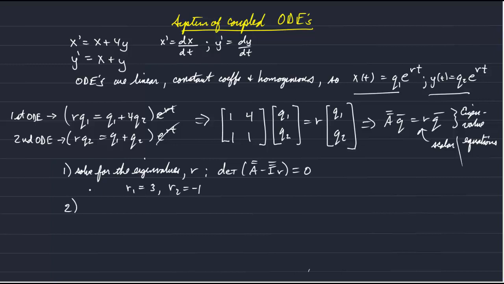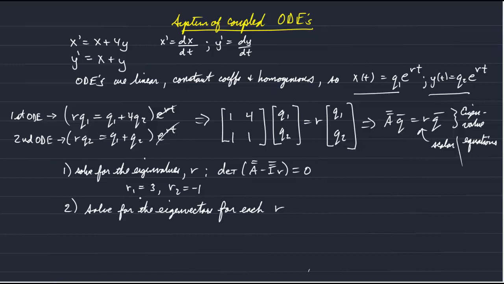The second step is to solve for the eigenvectors for each eigenvalue, for each r.